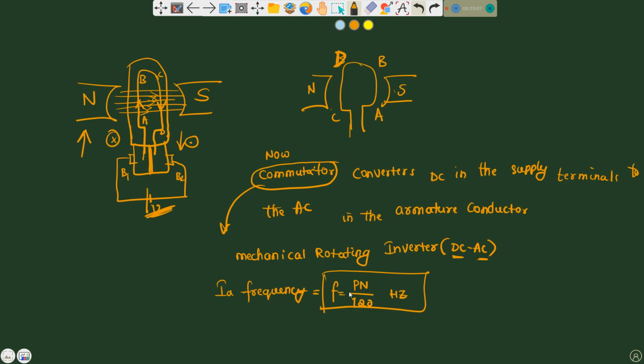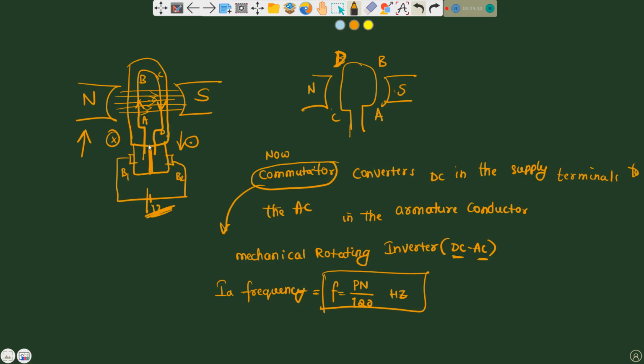So with the commutator segment, the brush B1 is always in contact with the conductor which exists under the north pole, and at the same time B2 will always be in contact with the conductor which is existing under the south pole.